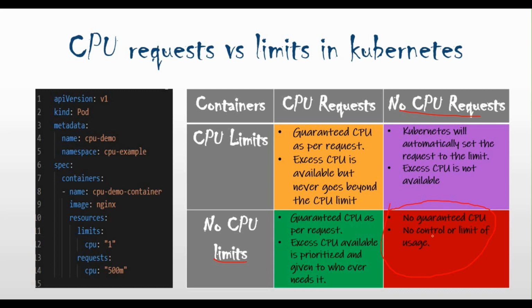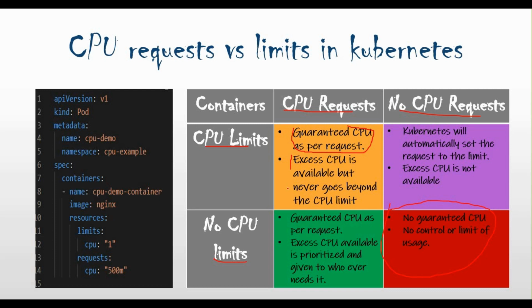Now we see that if you don't put the CPU limit or CPU request, you're always going to have some challenge here, right? Now let's consider a scenario where you have a CPU request and CPU limit, both defined. That is the best case scenario, where if you put a request, that means you can guarantee the CPUs as per the request. Whatever you put in the request is guaranteed to be allocated to your container, right?